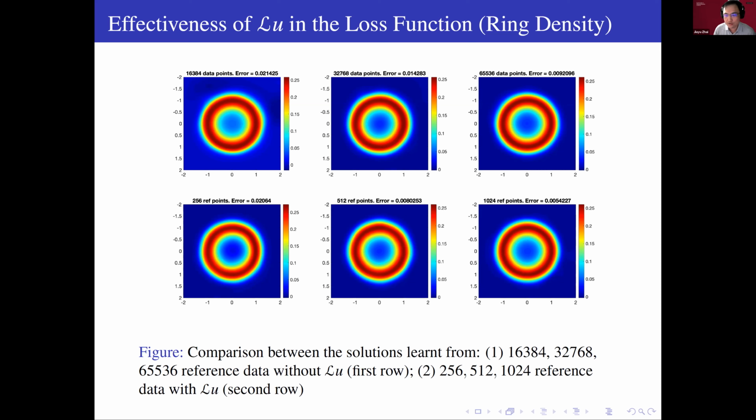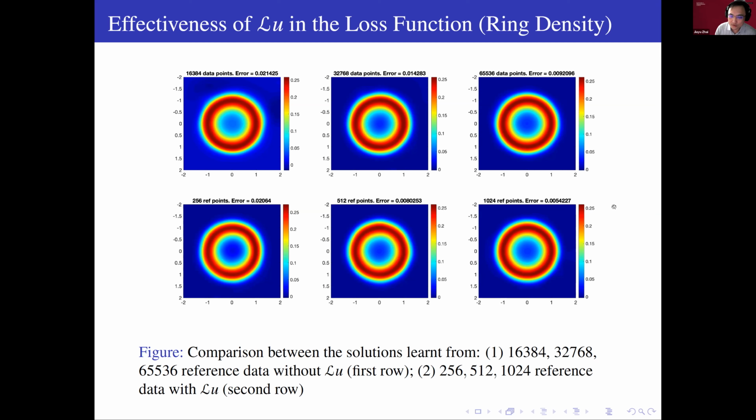This is the first important observation in the work. This is a comparison between two learning processes. In the first learning process, we only use data to learn the density function. So if we only use data, we need so many data points to get a very good result. But if we add the PDE part into the loss function, that means we tell the neural network a lot of physics information it should follow.